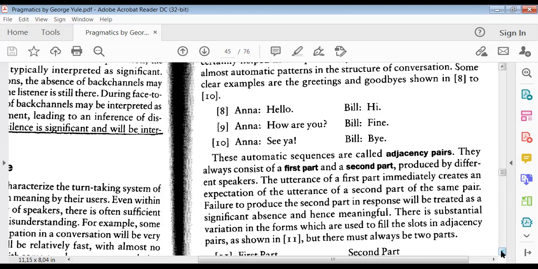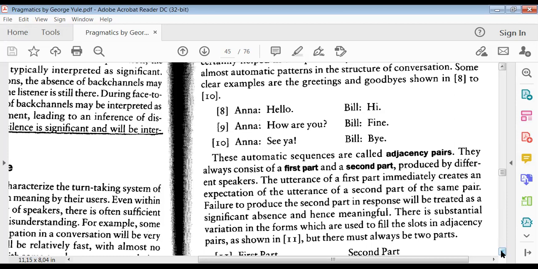Anna says hello, and Bill says hi. In other words, the social expression or the speech act of greeting, hello, will usually elicit or extract a response like hi, regardless of whether the speaker uses the high considerateness style or the high involvement style.